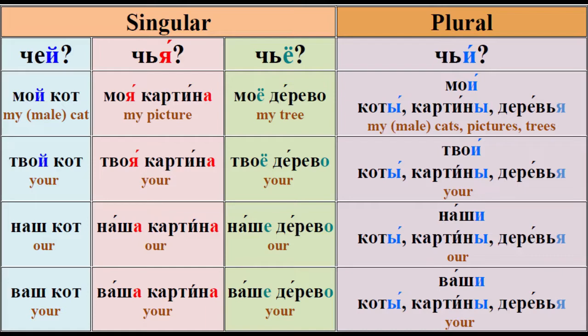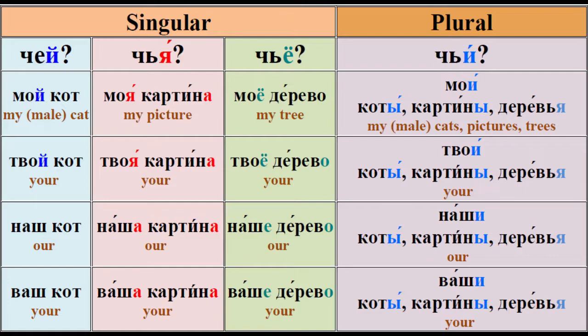If the noun is feminine and you would like to say my, then you will say моя. For example, моя картина.